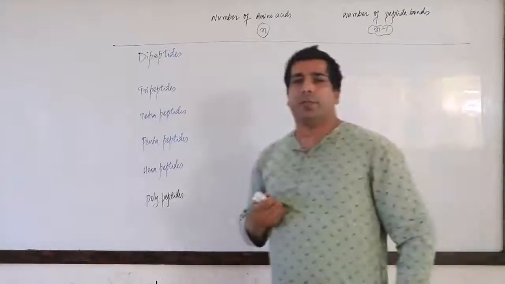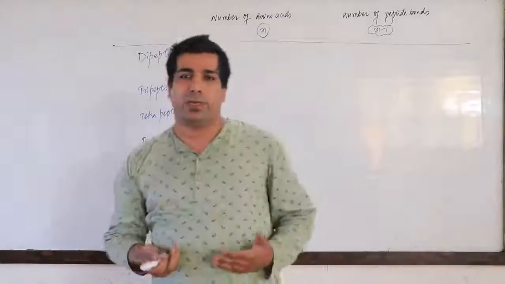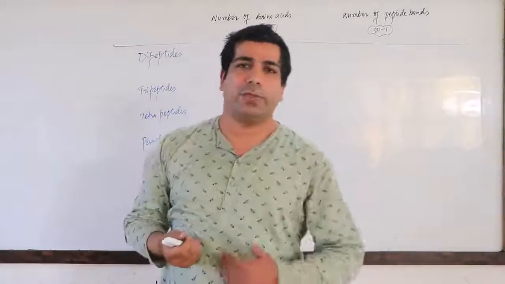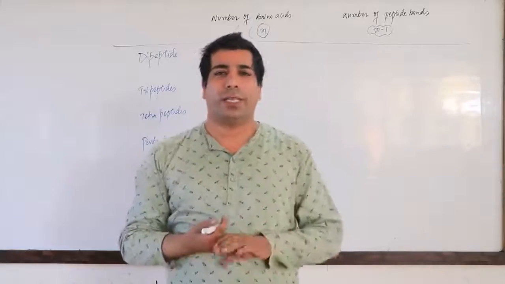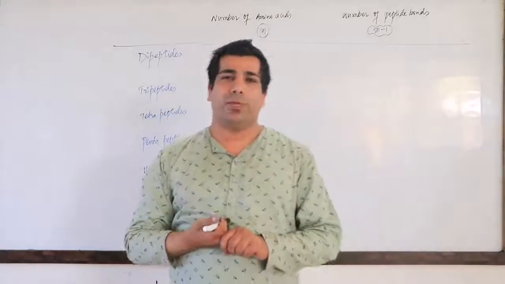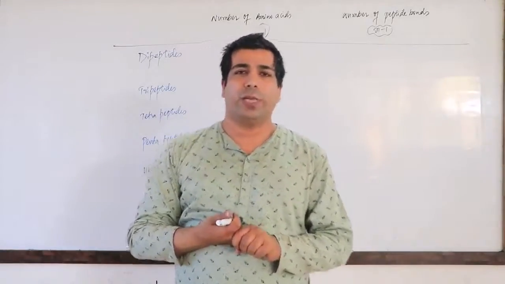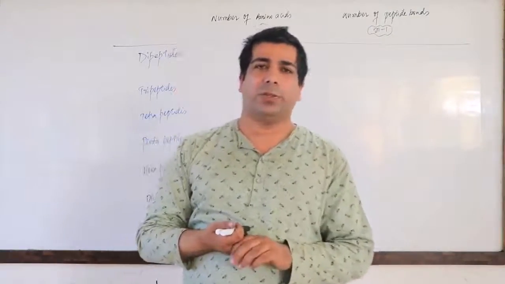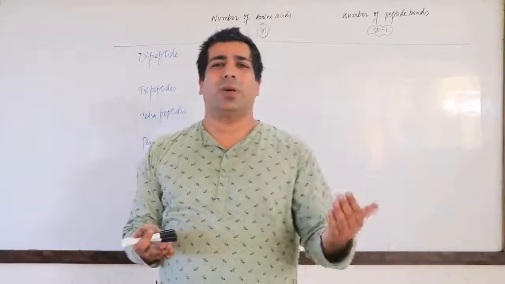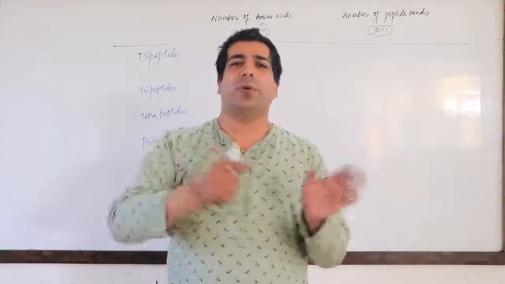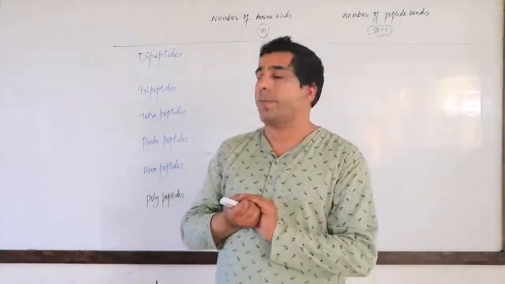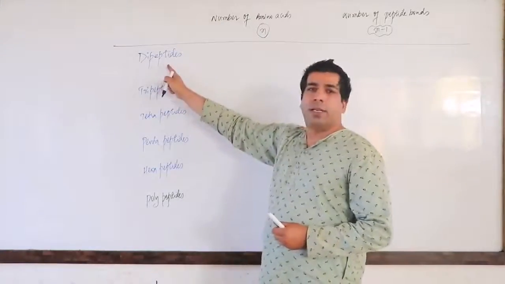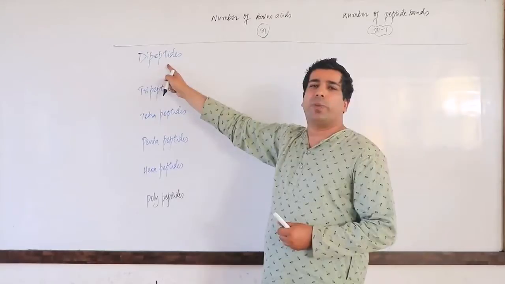So my dear friends, we have spoken about the peptide bond. It's a bond formed between the carboxylic group of 1 amino acid with the amino group of another amino acid through the elimination of a water molecule. And you know that the peptide bond is also known as the amide bond, or it can also be called the C double bond O NH bond, or CONH bond, correct? Now look here, dipeptide does not mean it has 2 peptide bonds.